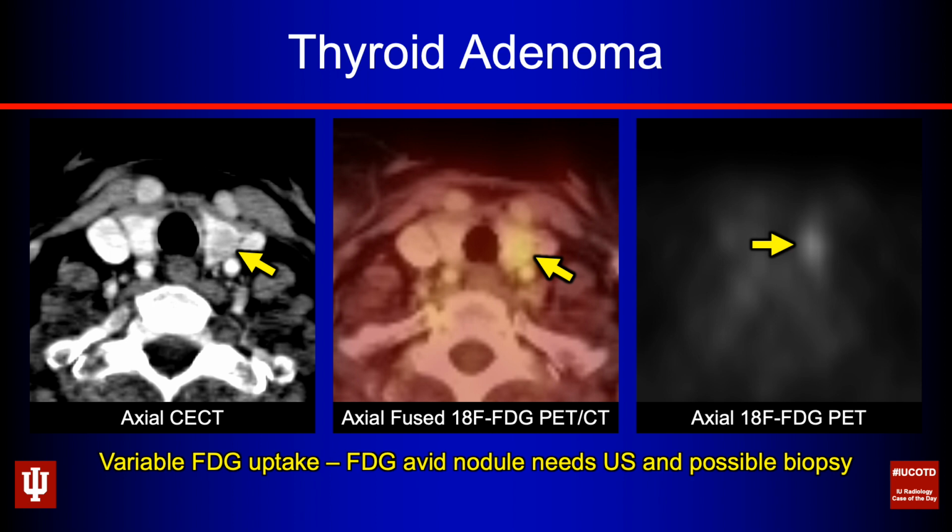It's avidly taking it up. So just keep in mind, thyroid adenomas, their uptake on FDG is variable. So whenever you encounter one on a PET, anytime you're catching a nodule that's hypermetabolic like this, it's going to need an ultrasound, and then based upon its ultrasound appearance, it may or may not need a biopsy.